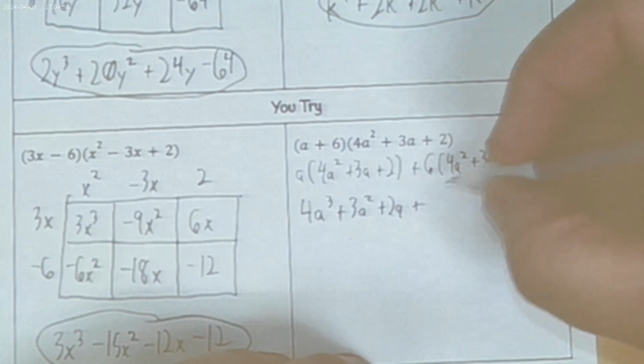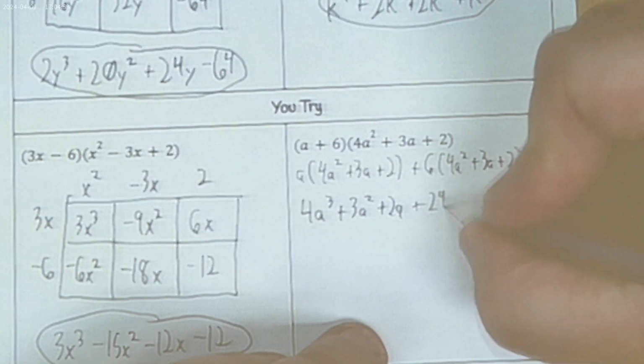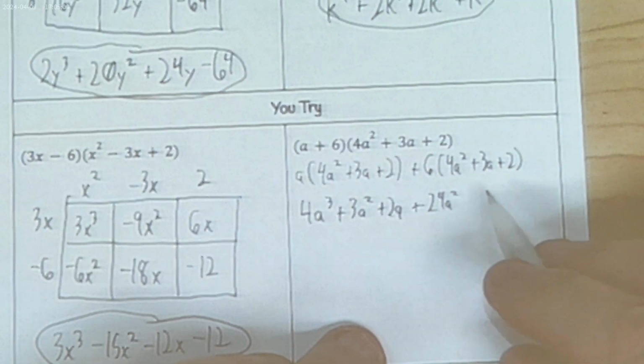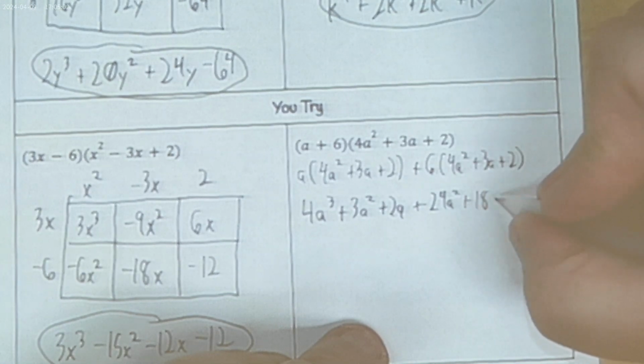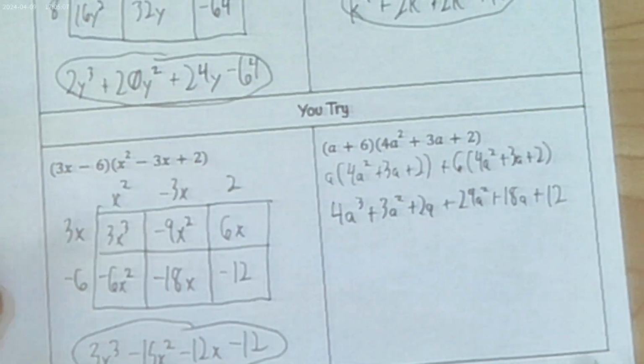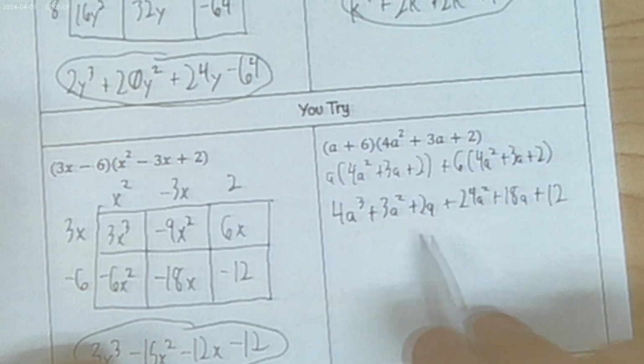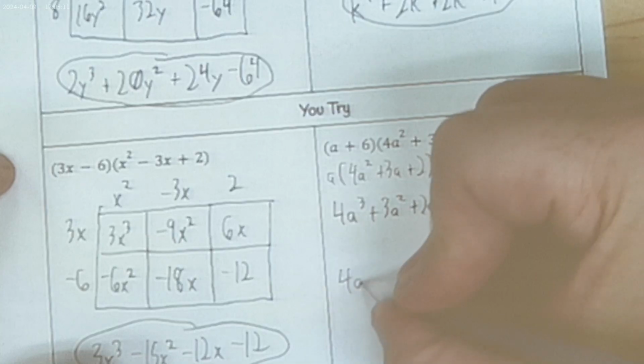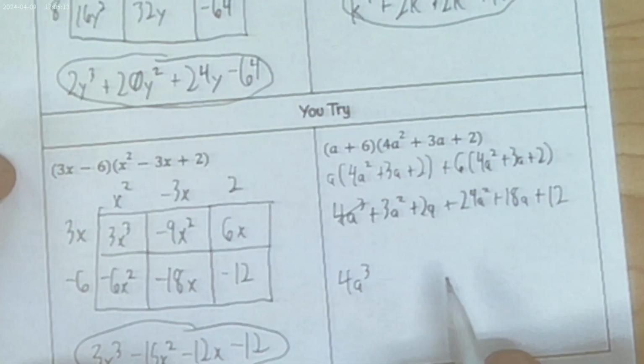So 6 times 4 is 24a squared. 6 times 3a is 18a. And then 6 times 2 is 12. All right, now I've got to combine everything. I only have 1a to the third, so I got that.